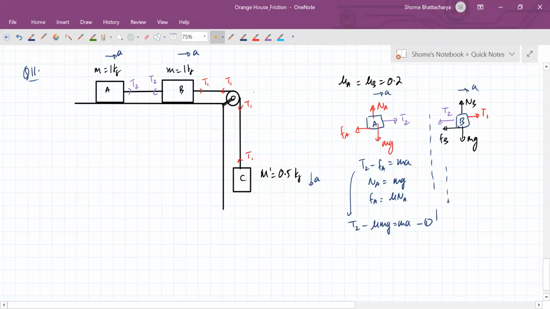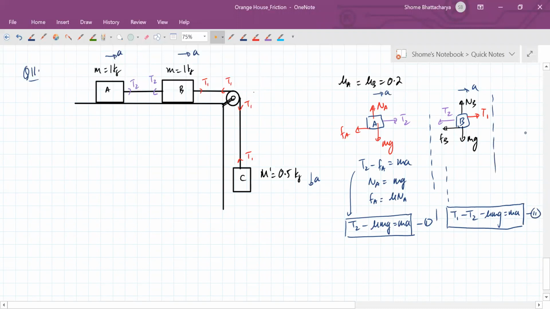So when you write this series of equations, the final equation you will get is that T1 minus T2 minus mu mg is equal to ma. You can complete the steps yourself. And the third block C has tension T1. So that will have the equation that m prime g minus T1 is equal to m prime a.